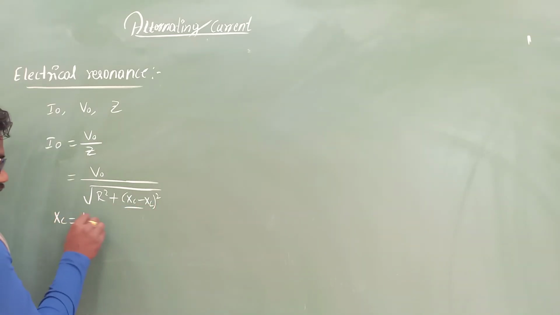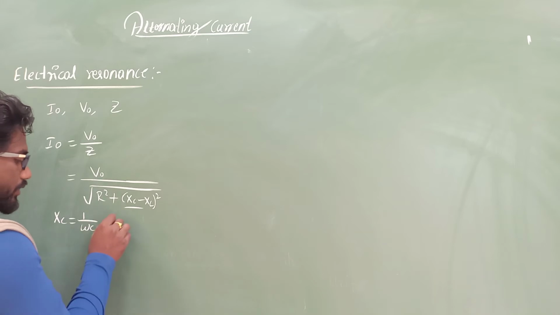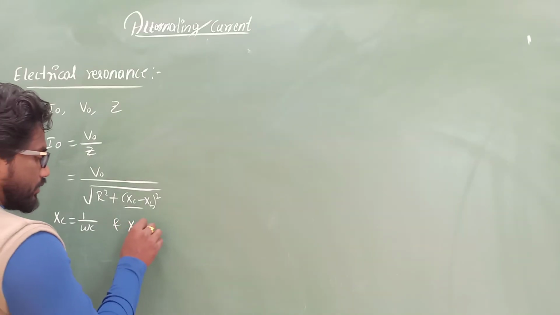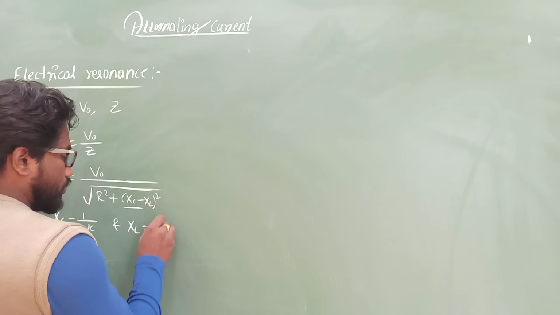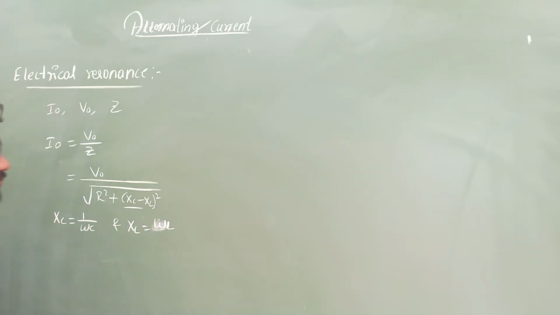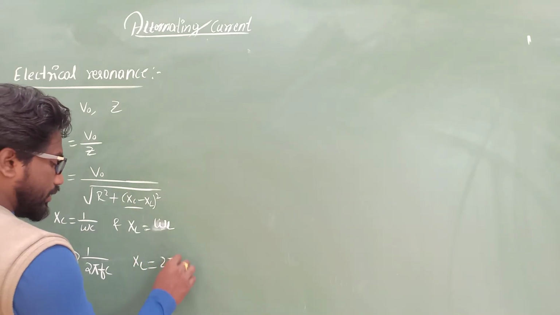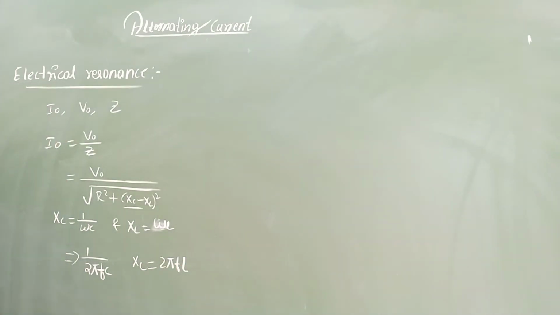XC is equal to 1 over omega C, and XL is equal to omega into L. You can also write these as XC equals 1 over 2 pi f into C, and XL equals 2 pi f into L. These are the general formulas that you already know.